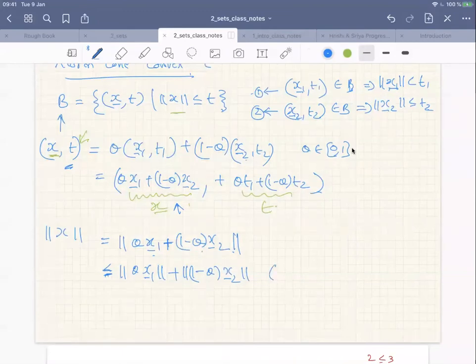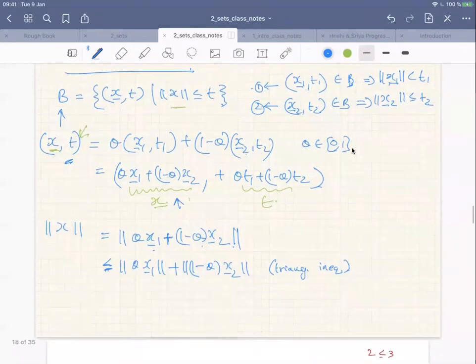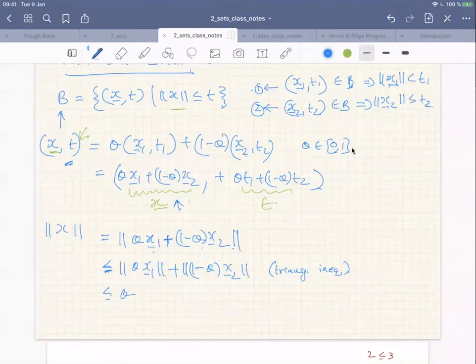So this is the triangular inequality, right? Again, we can apply the homogeneity, take theta outside, plus 1 minus theta norm of x2. This is homogeneity.